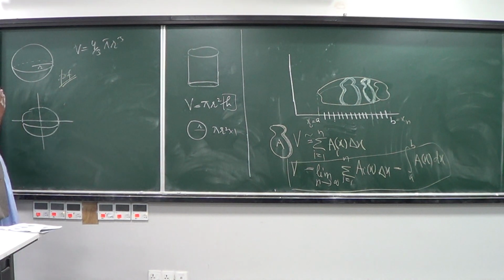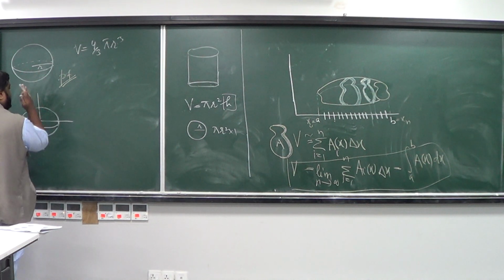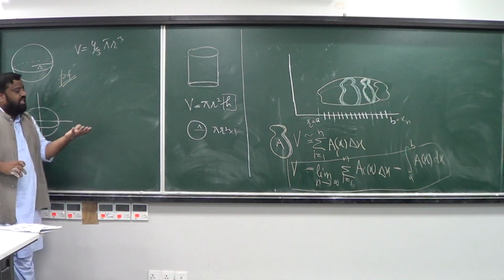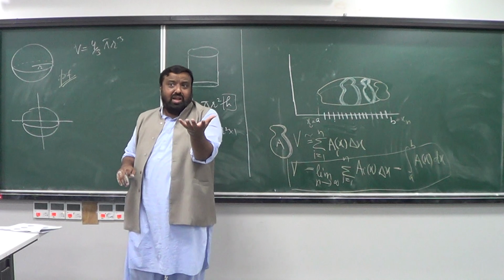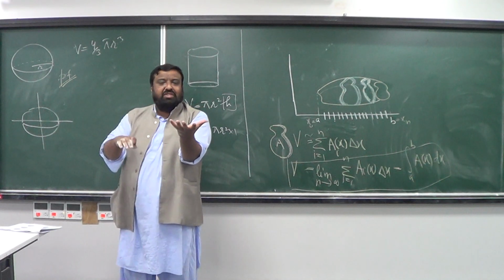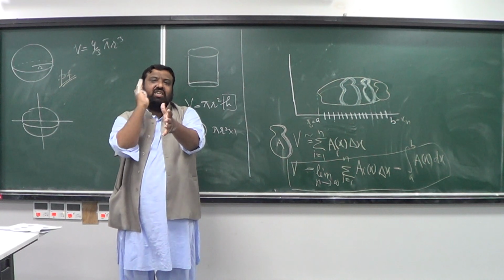Now, if I, for example, take a knife and slice it through the x-axis, it's like cutting it vertically. Take, for example, an apple or something spherical, and cut it vertically.